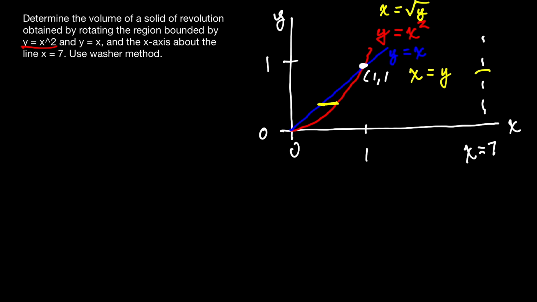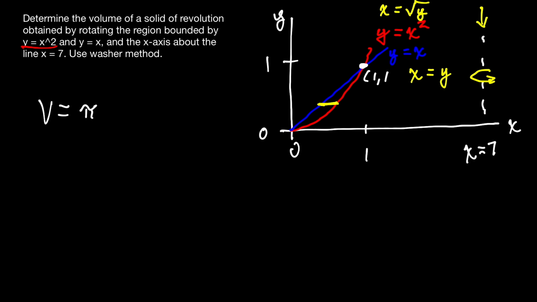So they're going to be revolved around this line still, but now relative to this axis, my blue curve is on top of this curve relative to where my axis of revolution is. So I'm going to have to do top minus bottom. So remember, for this, we had volume equals pi.